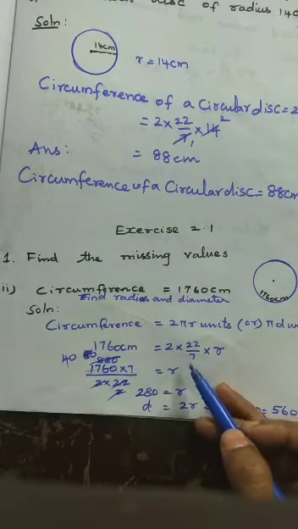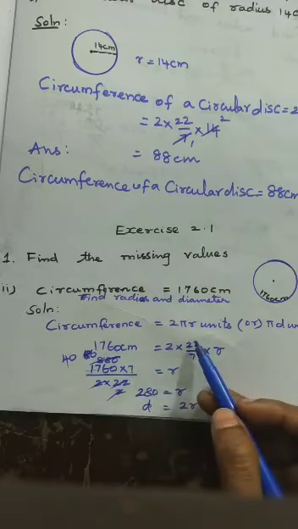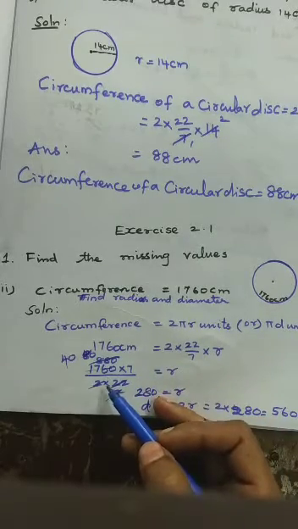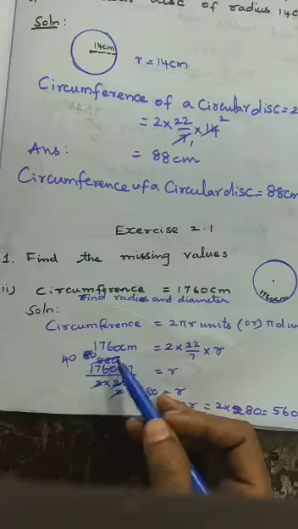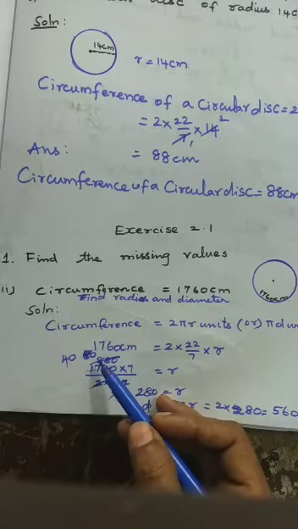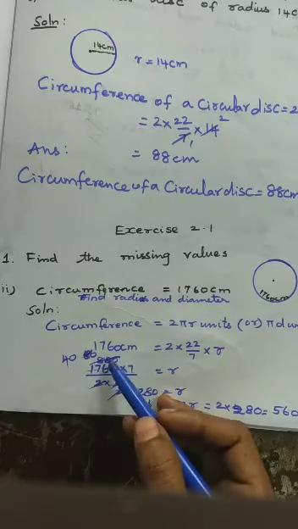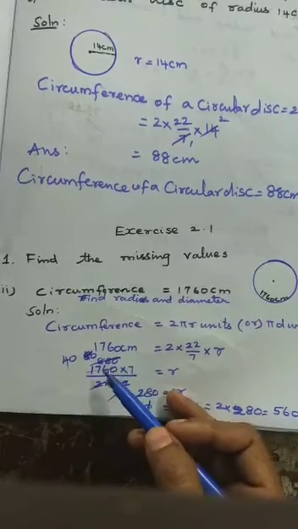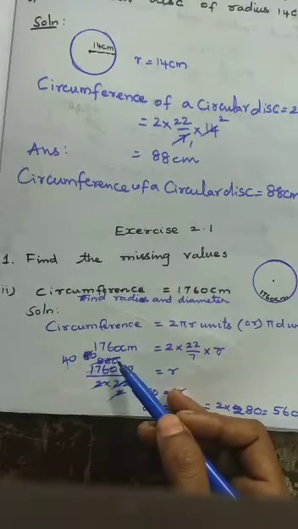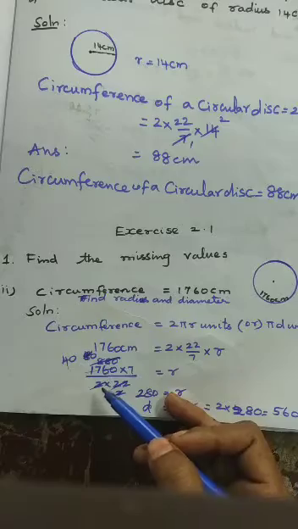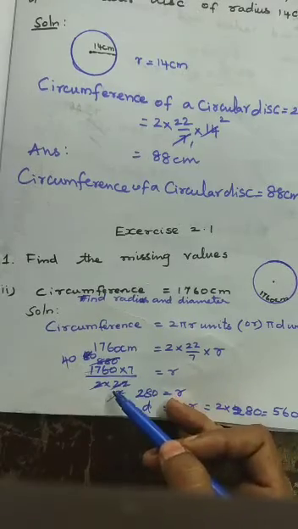So, you bring the denominator to the numerator, numerator to the denominator. Now, you cancel by 2 table. Then 8 2s are 16. Again remainder 1. 8 2s are 16. 0. So, 880.